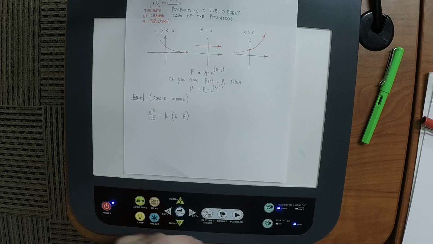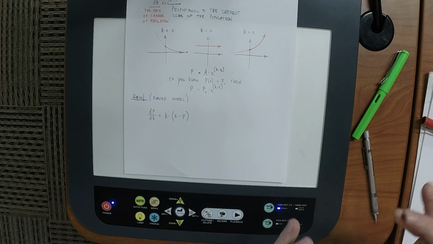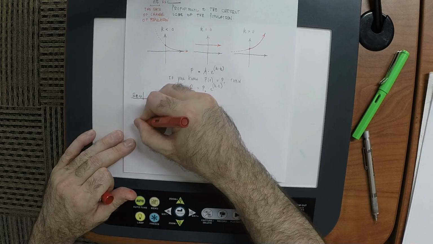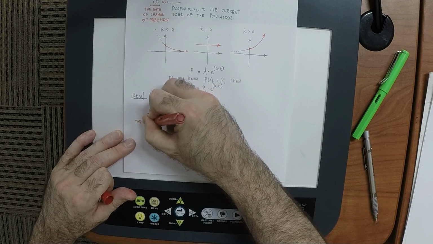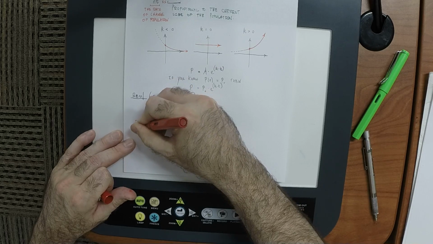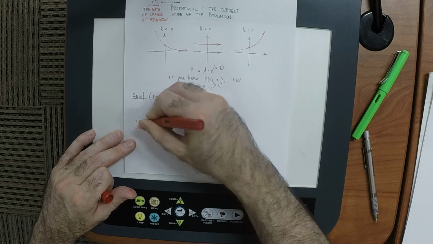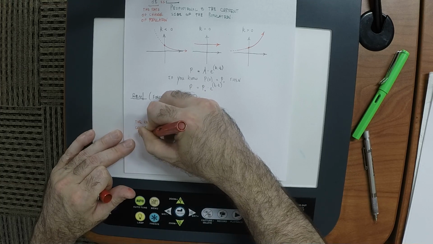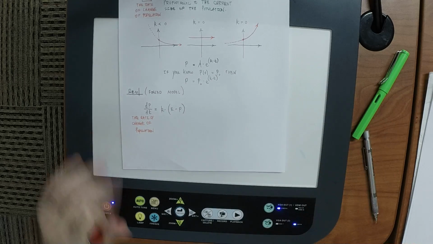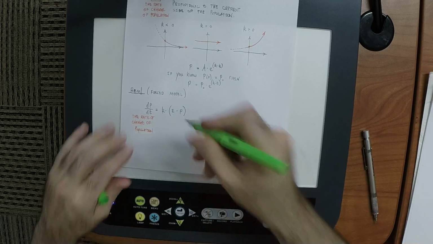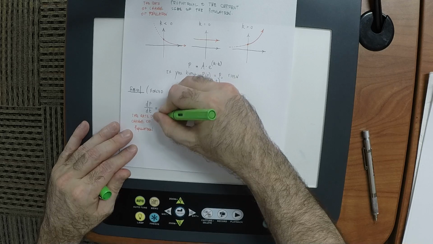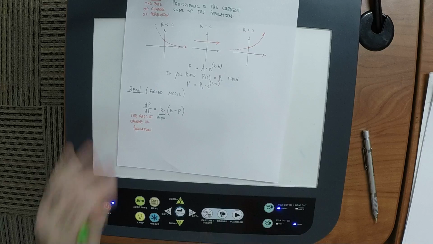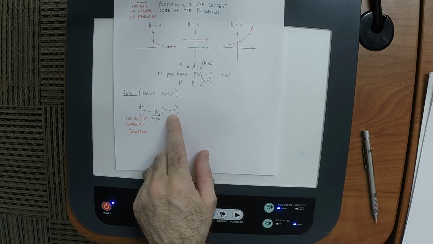The way to interpret this is that the rate of change of the population is, because of the k, proportional to this.